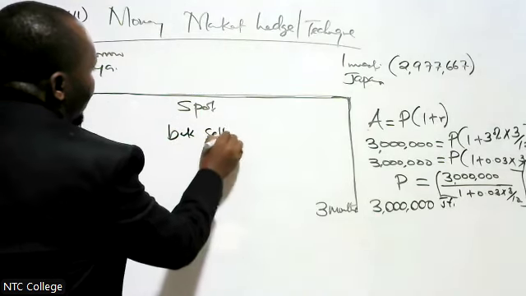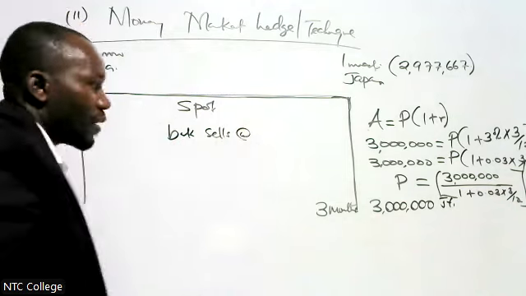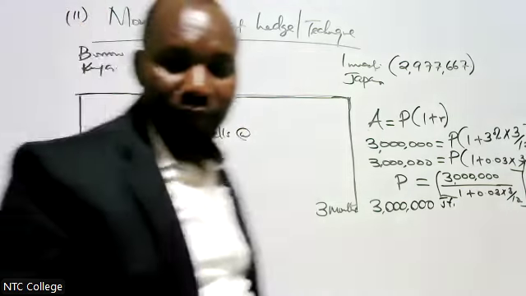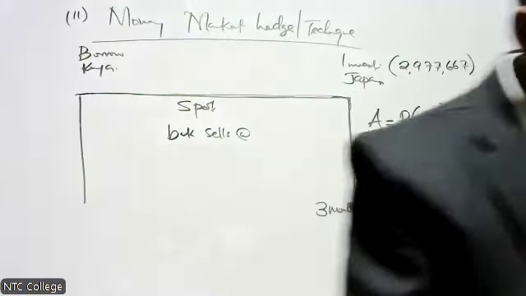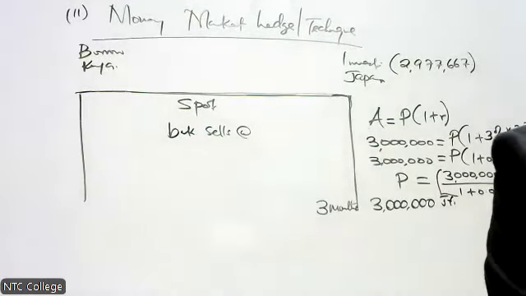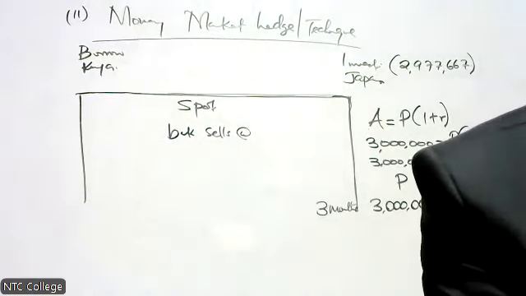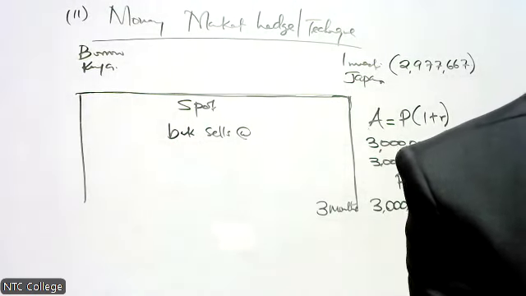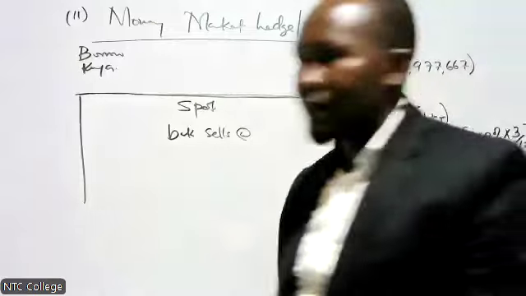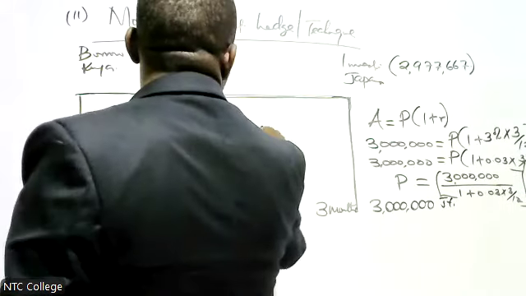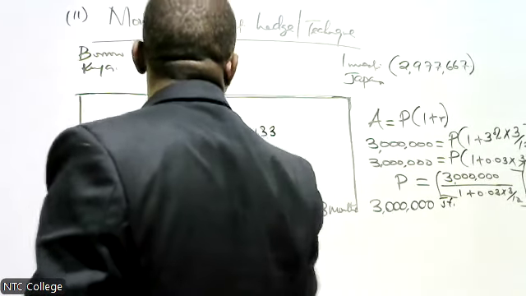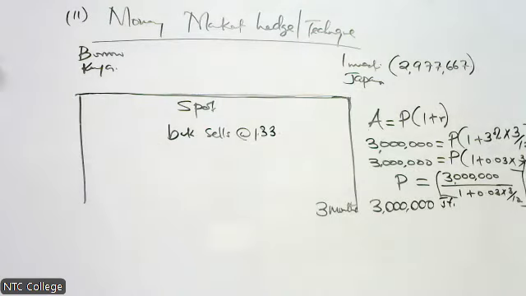The bank sells at what rate? The bank will sell to you this amount at what rate? Look at the exchange rate. What is the selling price currently? The bank will sell at what rate? 1.33. That is the spot rate. The spot rate is the one that the bank is selling at, because you don't have that money. So the bank will sell to you at 1.33.